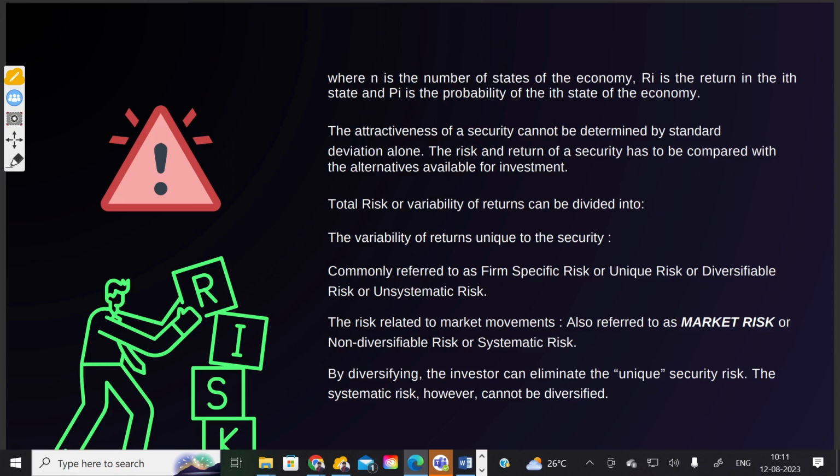Market risk means sometimes we cannot control the market risk, right? A risk is a risk. Sometimes we would be able to control it, sometimes we won't. For example, let's say political factors are not in our hands, social unrest or movements or any kind of regulation coming into the picture.